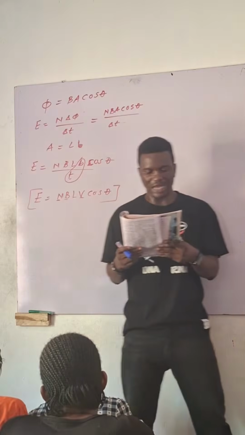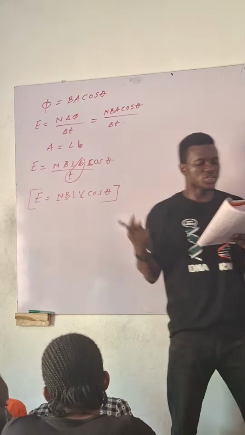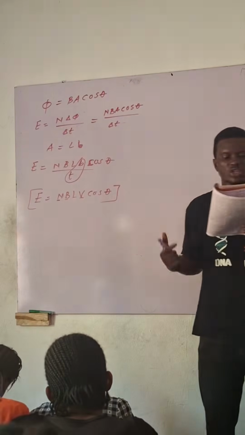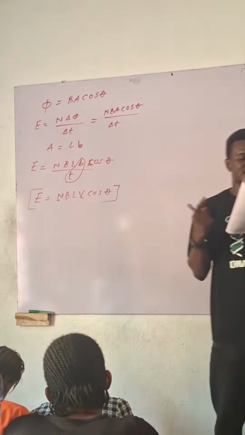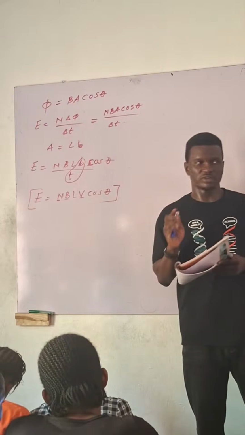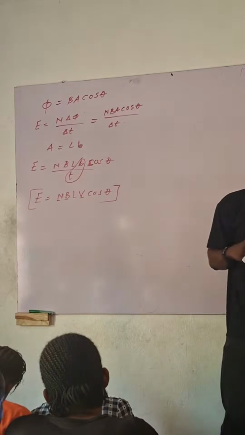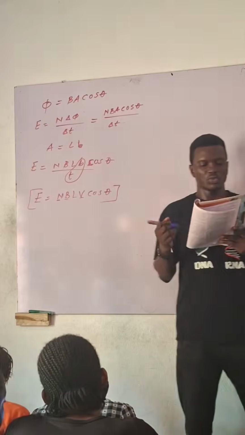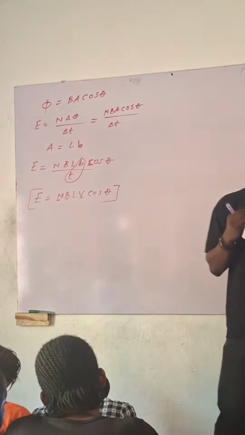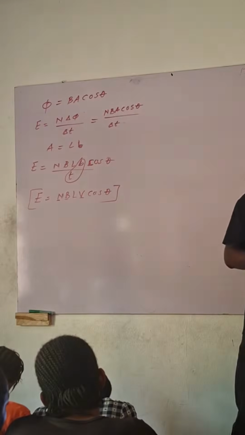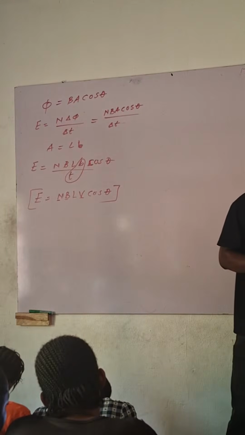Number 4, Abby. Which of the following statements is incorrect? The sensitivity of a galvanometer which incorporates an optical lever arrangement may be increased by providing a large number of turns in the coil.